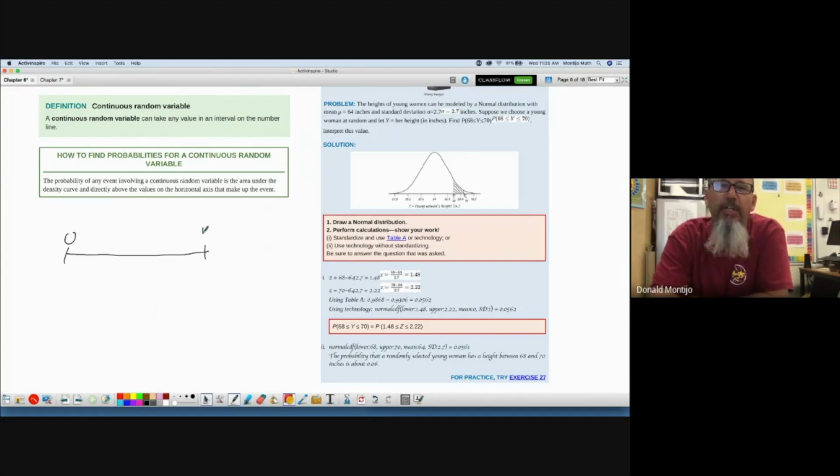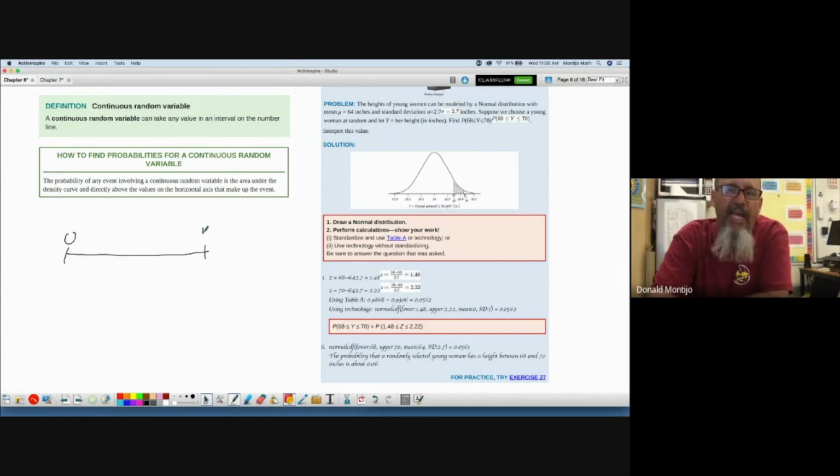Instead, we're going to go back to our old friend, the density curve, which is almost always going to be our favorite picture, the normal curve. We're going to go back to using table A once again and using the z-scores if the data is normal.